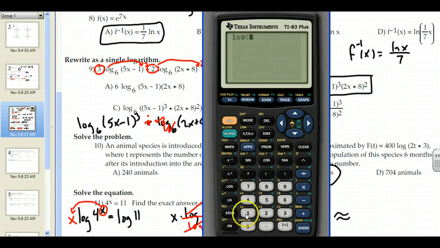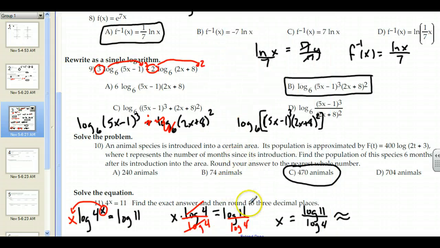Log of 11 divided by the log of 4. And we get 1.729. They want 3 decimal places, so 1.730.